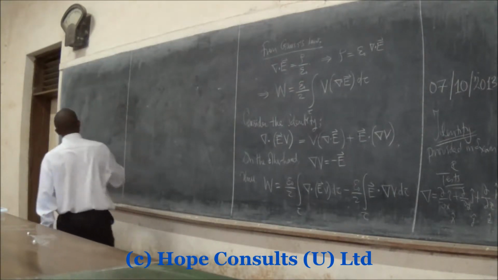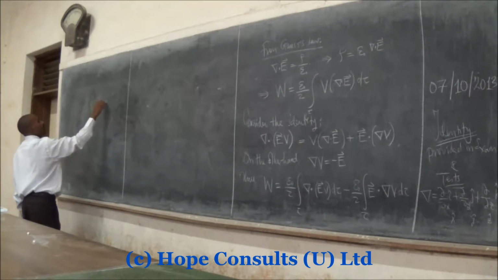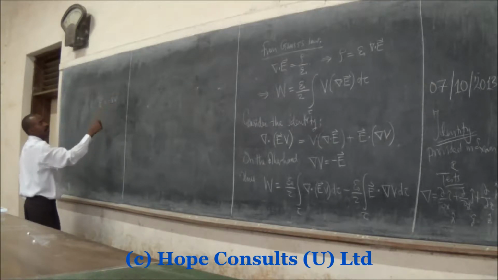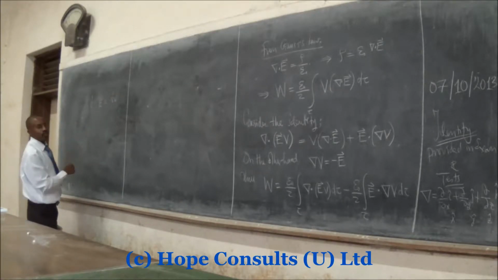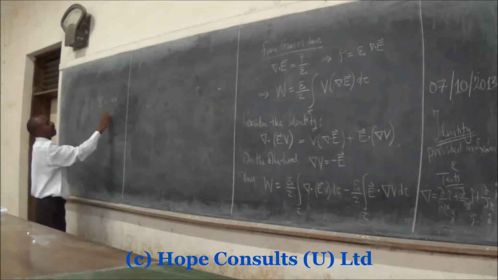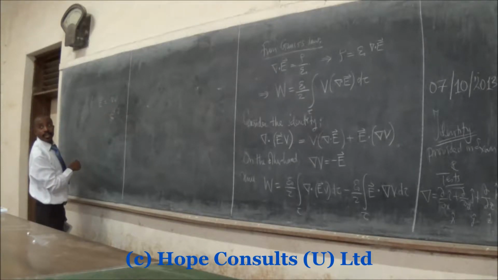Simply because when we have V, we can get E from E equals minus grad V. Depending on how many dimensions you are talking of, this could be minus partial by partial x of V if you only had the x component.